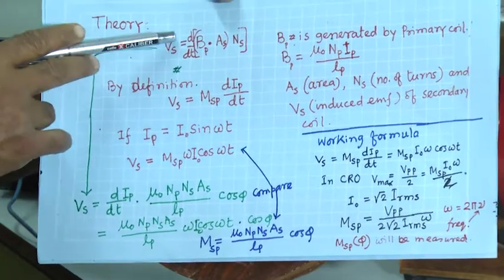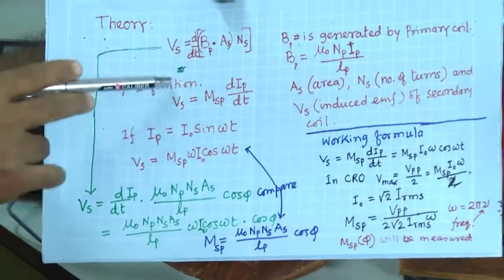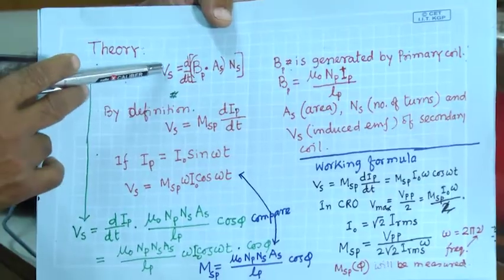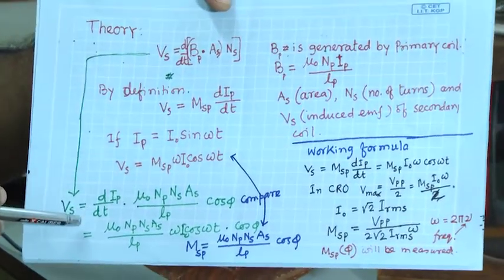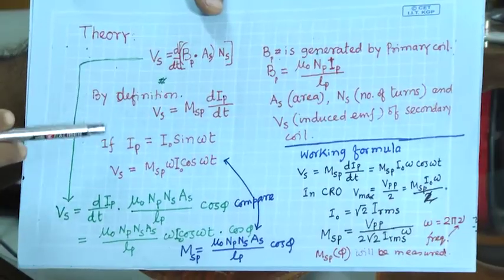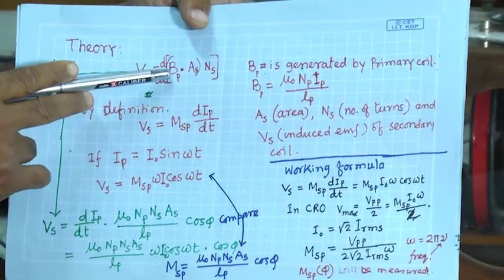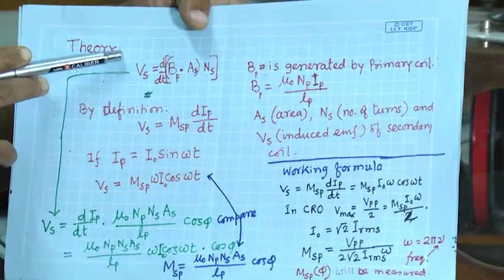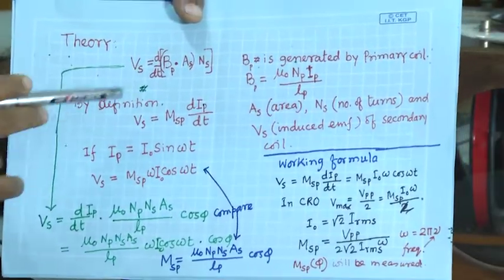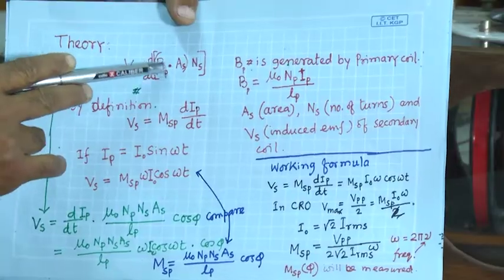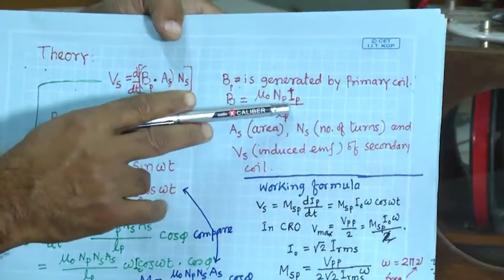So from the definition I got this one, and from the other expression Vs equals, in Bp, Ip is there.